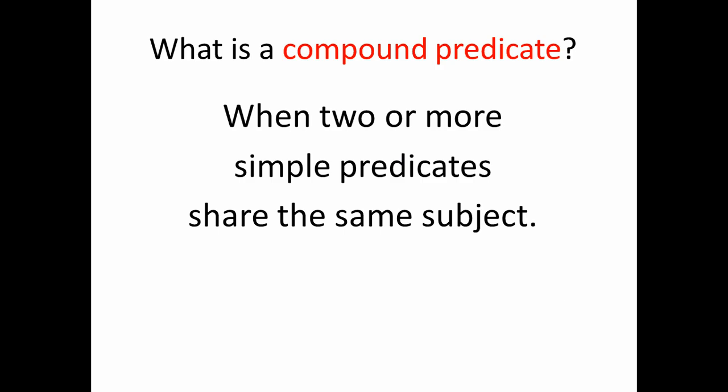Now let's try compound predicates. Remember, compound means to combine. There will be two simple predicates. A compound predicate is when two or more simple predicates share the same subject. So now we're going to be underlining two things in red to show that there are two predicates, and there will only be one noun underlined in green.